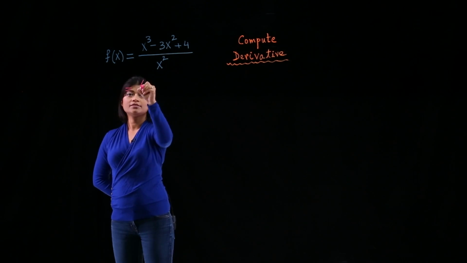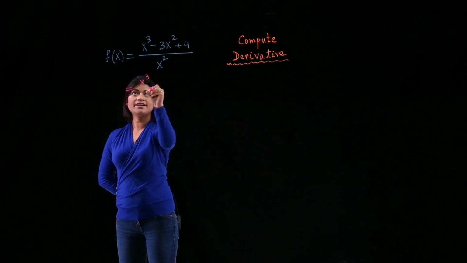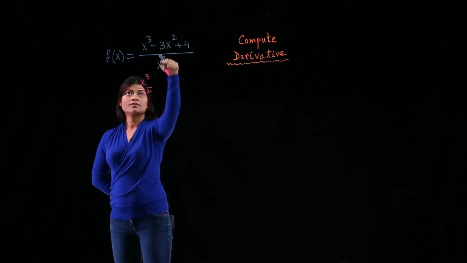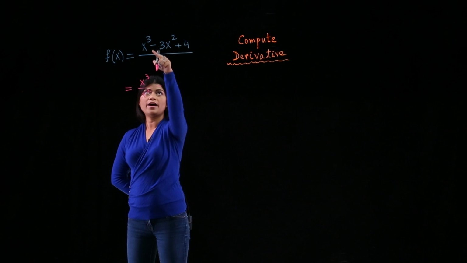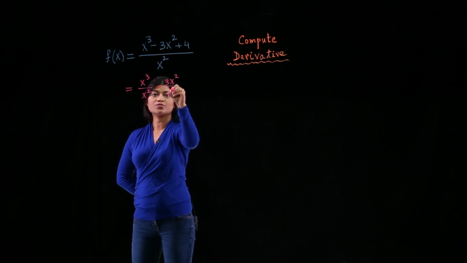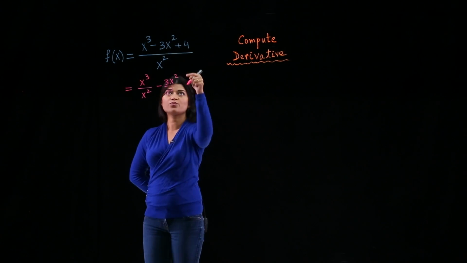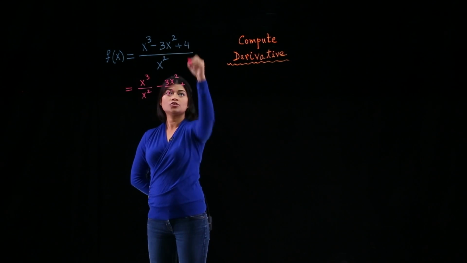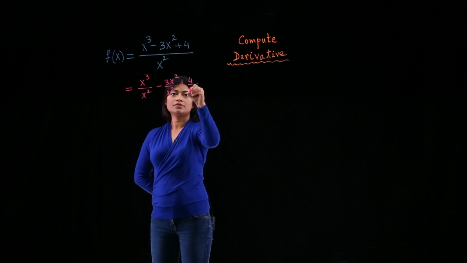So let's do that. This is equal to x cubed divided by x squared, the first term, then minus 3x squared divided by x squared. So divide the second term by x squared, and plus the third term, 4 divided by x squared.